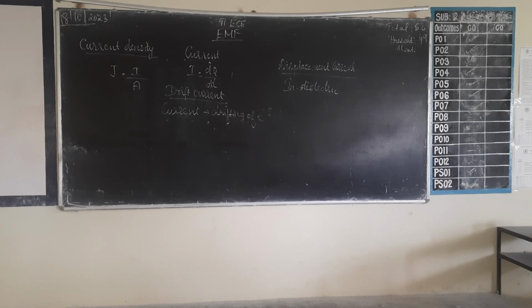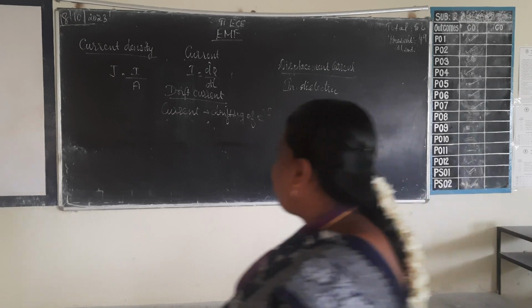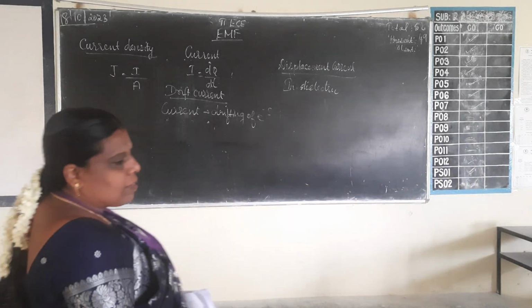Right. We consider a surface, and current I is passing through the surface with an incremental distance of ds.